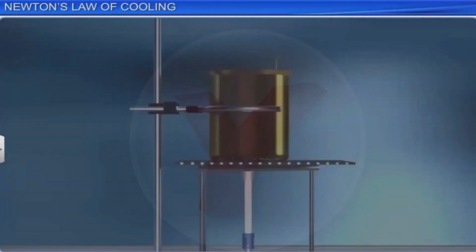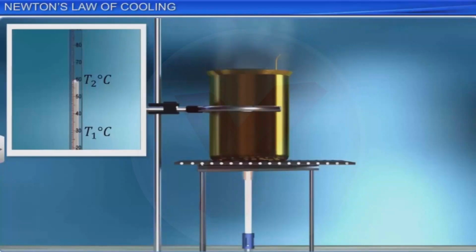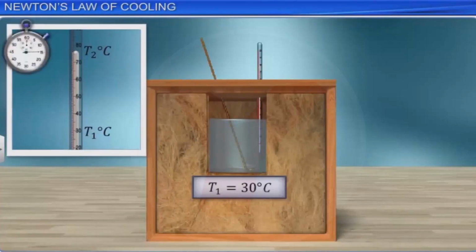Now, let us first heat the water in the calorimeter to raise the temperature to, say, T2 degrees Celsius, and then stop heating and allow the water in the calorimeter to cool. Start a stop clock and note the temperature T2 of the water at regular intervals, say after every minute.